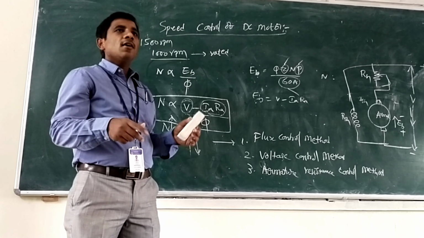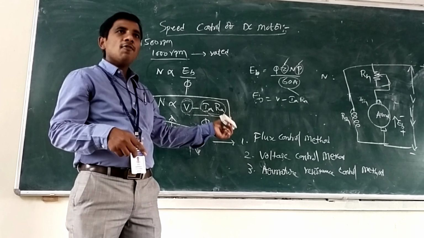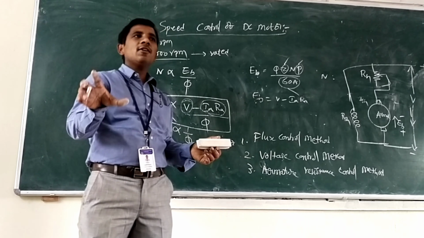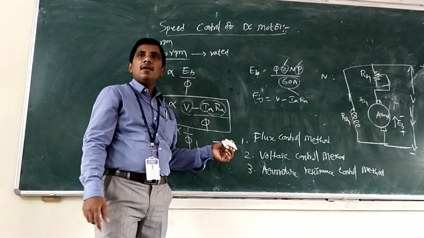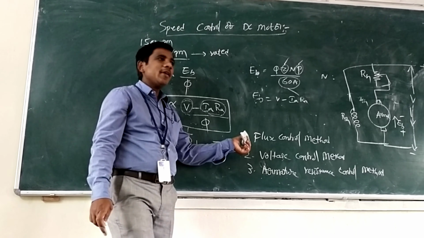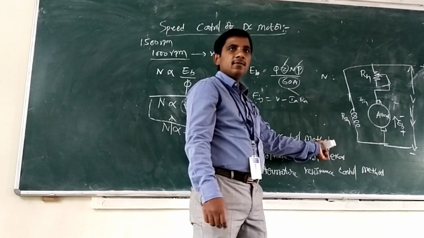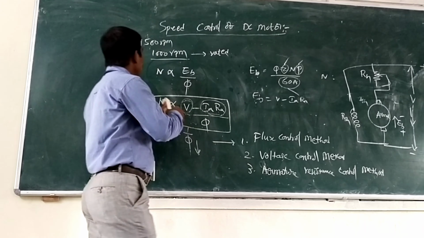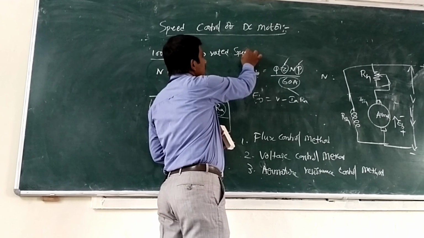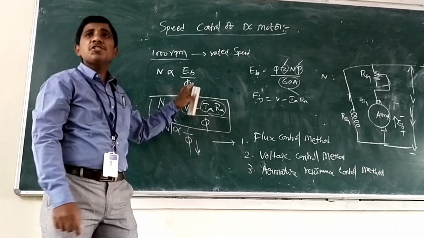We will see one by one how to control, what the various methods are. We did the flux control method in an experiment in the lab. In the flux control method, we obtain more than rated speed. Suppose 1000 RPM is the rated speed of a DC shunt motor.